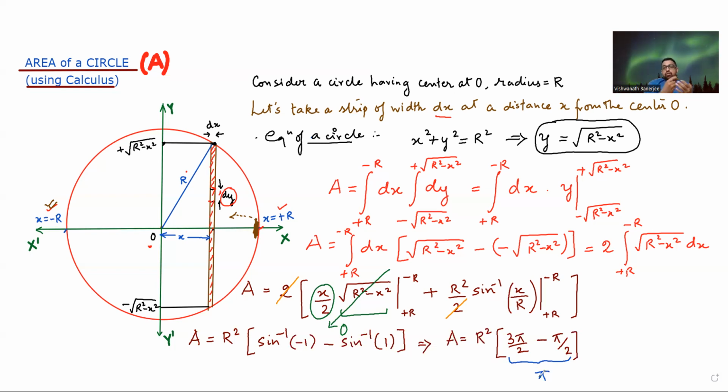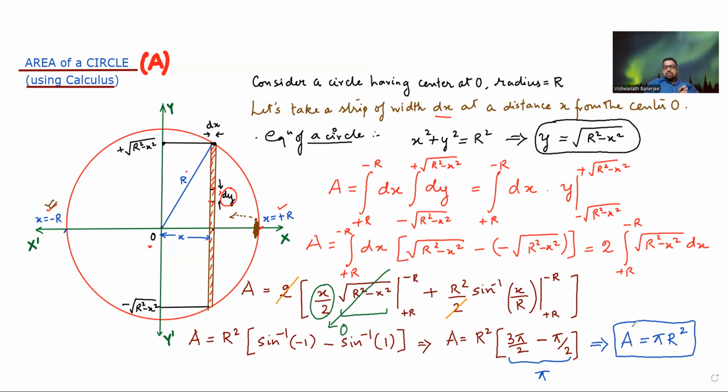And r square we have already obtained. So we get our very well-known formula, which we learn in junior classes. Area of a circle comes out to be pi r square. Right? So I hope you have understood this.